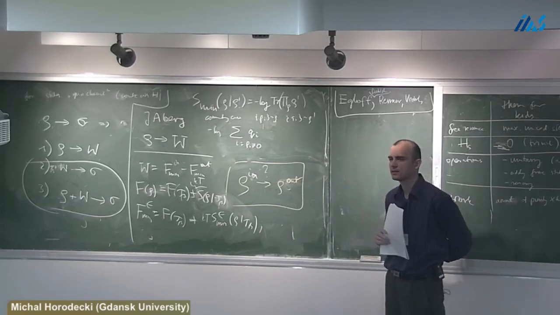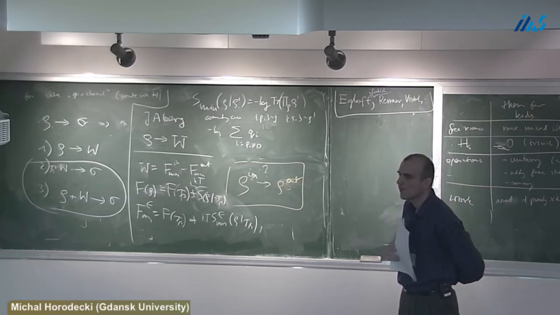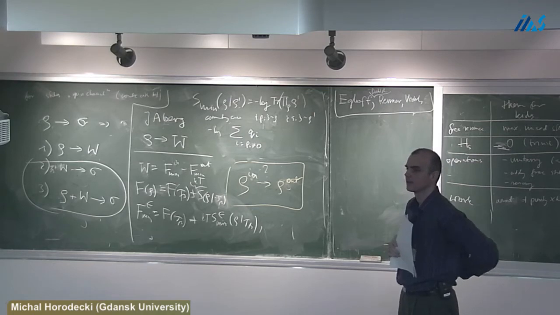There is a question there. What prevents you? There are two kinds of unitary operations which I can do. I can do the active operations, which are basically I just look at the system difference. So what prevents you from just changing the basis in which you describe the system?